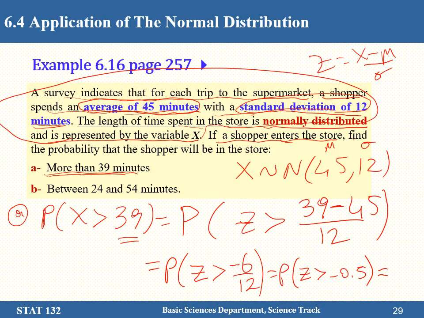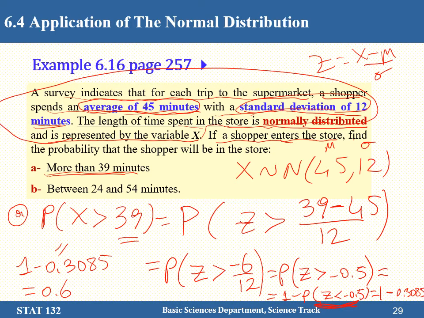Using the table, this is 1 minus 0.3085, which is equal to 0.6915.